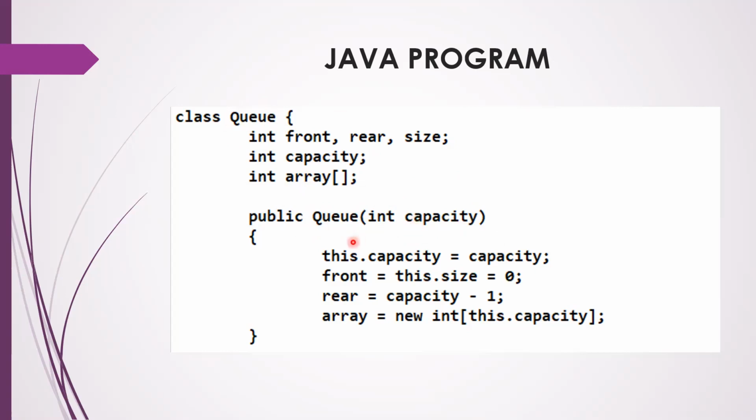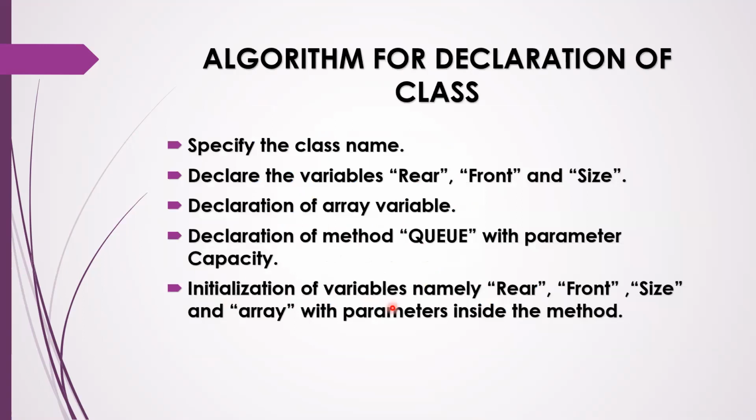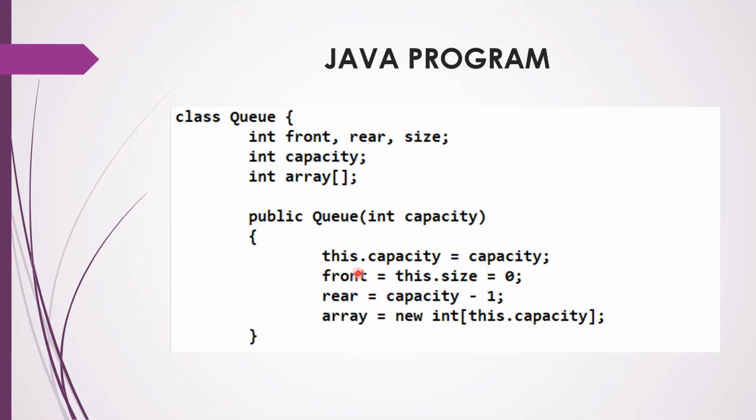Now you have to initialize the variables. What are the values you're going to give before the insertion and deletion? So you have to initialize the variables rear, front, size, and array with parameters inside the method. So first you have this dot capacity, and this dot capacity is the current capacity.